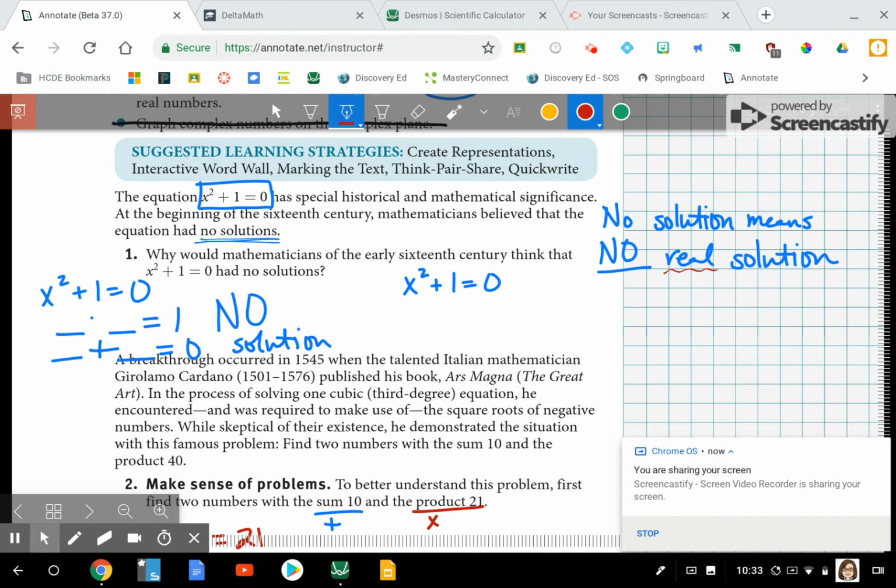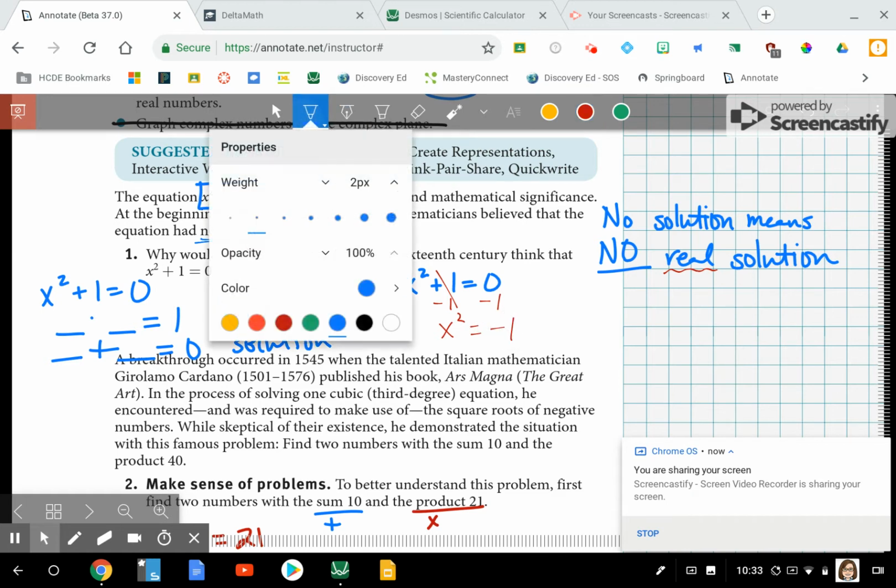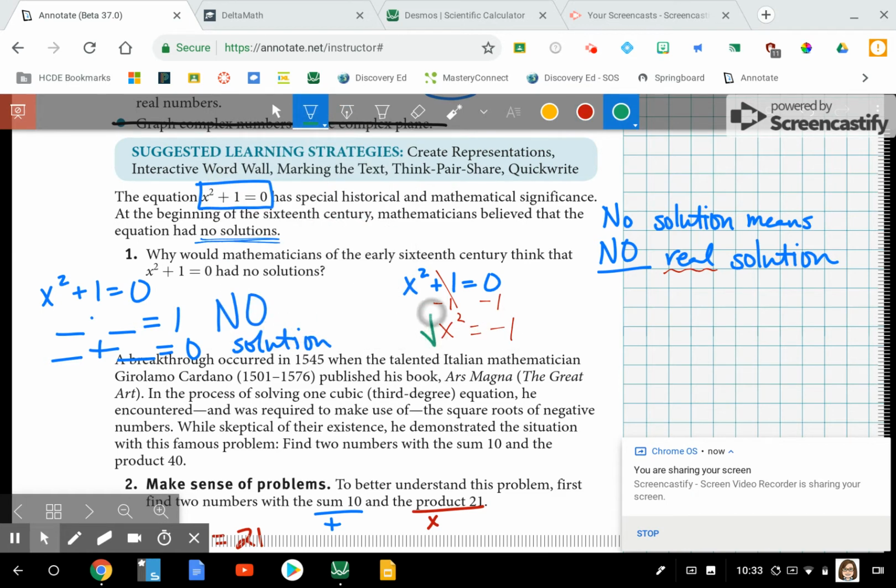You could have even tried to solve for x, like we did in some of the bell ringer problems. And notice when we take the square root, we get x equals the square root of -1. So what I want you to do is type square root of -1 on your calculator and let me know what you get.